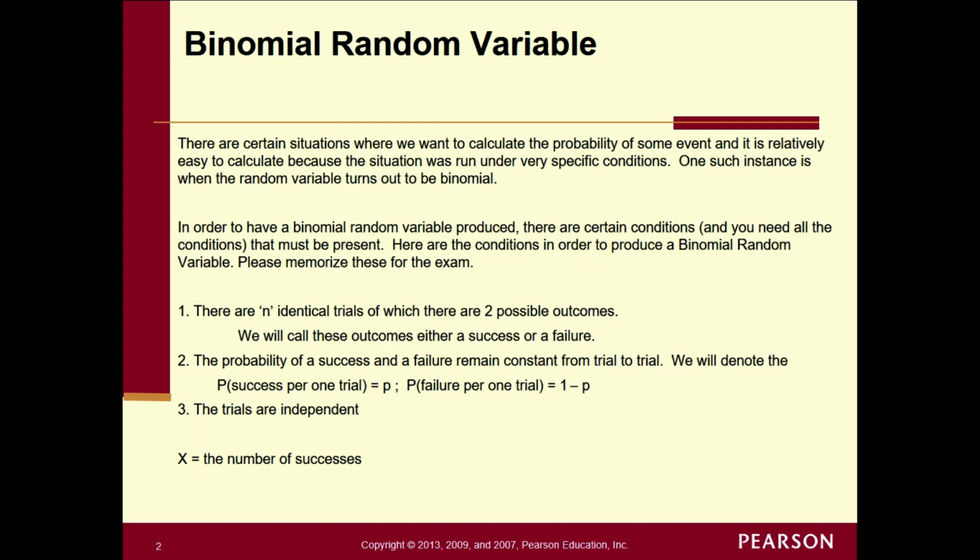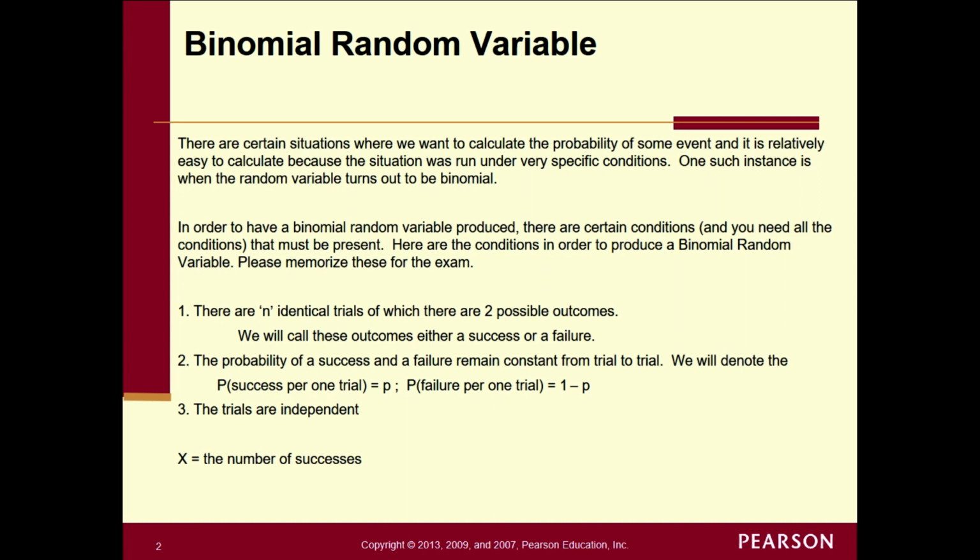There are certain situations where we want to calculate the probability of some event, and it's relatively easy to calculate because the situation was run under very specific conditions. We get this a lot in statistics, and the first instance that we run into this is with regards to the binomial.